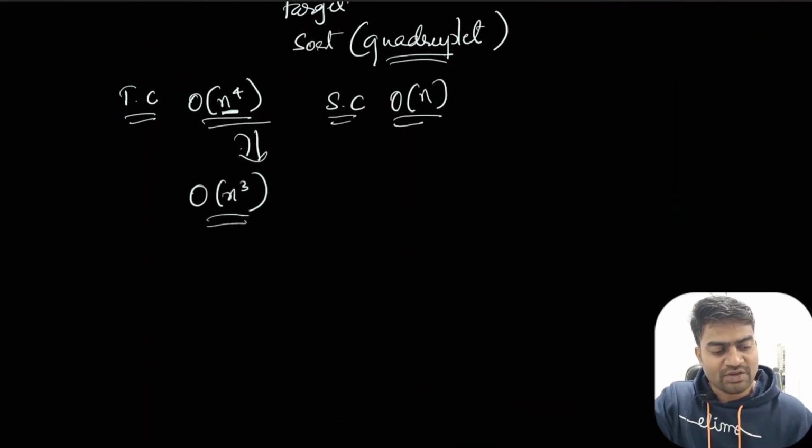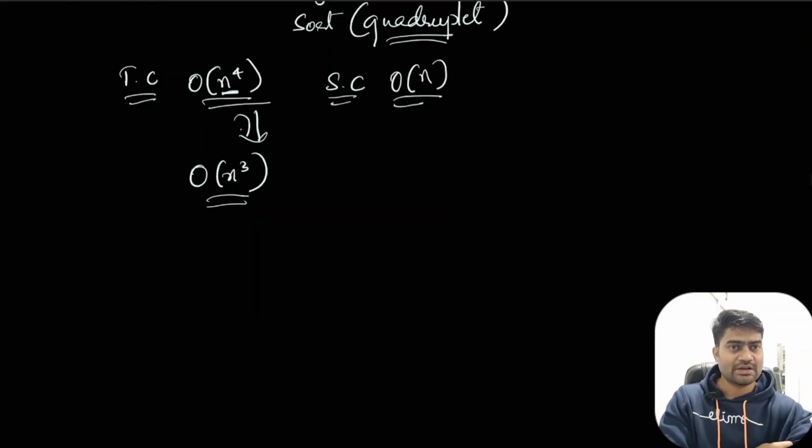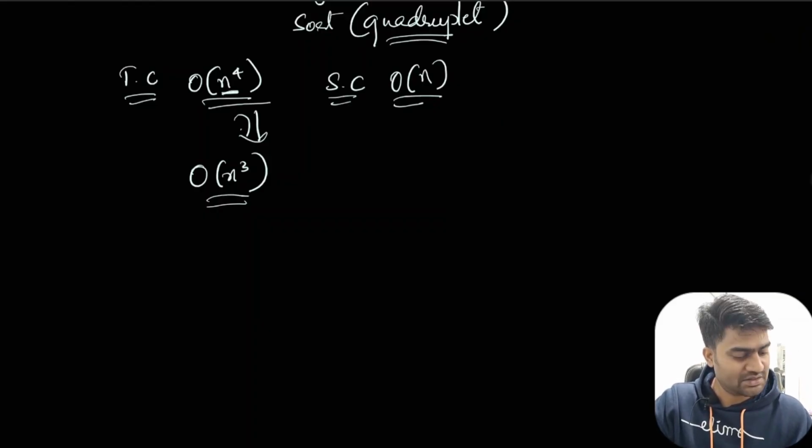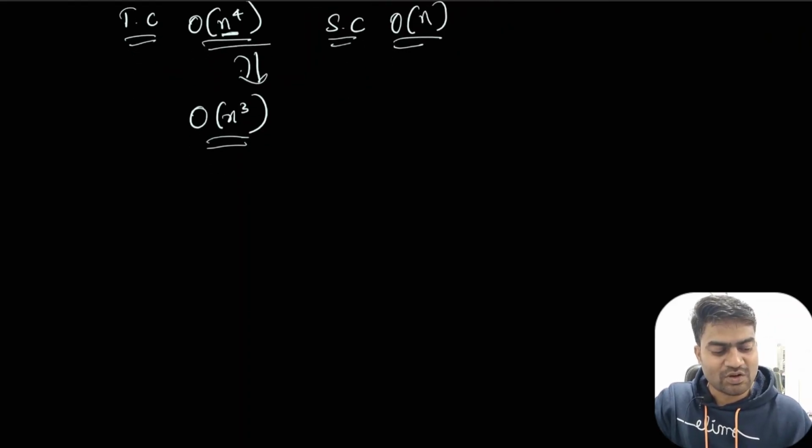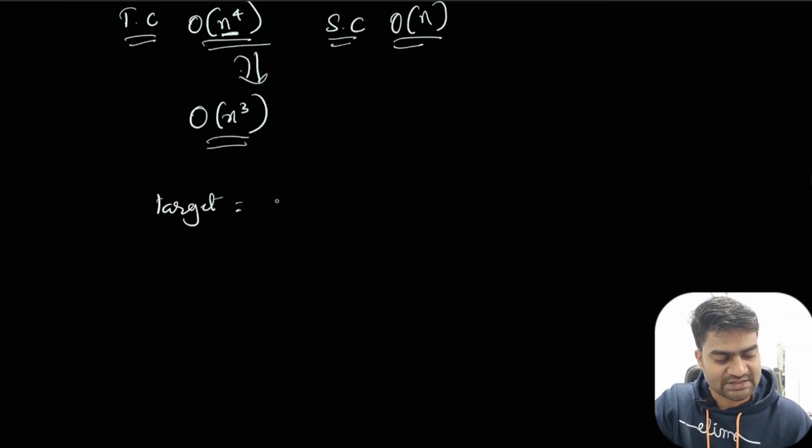If you have already watched the threesome video, you have already guessed what will be the answer for this. Our target is equivalent to the sum of four numbers, a plus b plus c plus d, right?